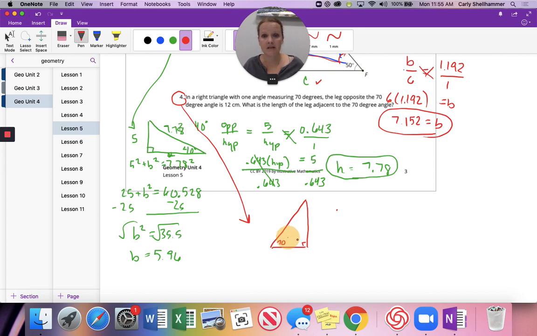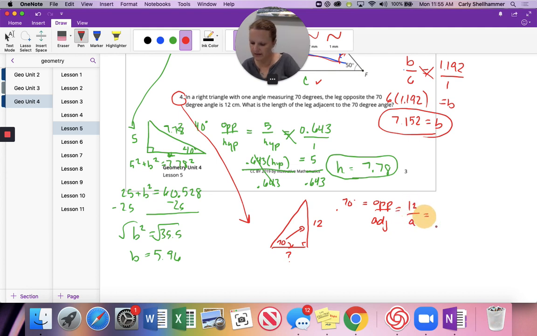The leg opposite the 70 degree angle is 12 centimeters. What is the leg adjacent to the 70 degree angle? Okay, so I've got opposite over adjacent. So I want to use 70 degrees, opposite over adjacent. Okay, opposite over adjacent. So I'm doing 12 over A.